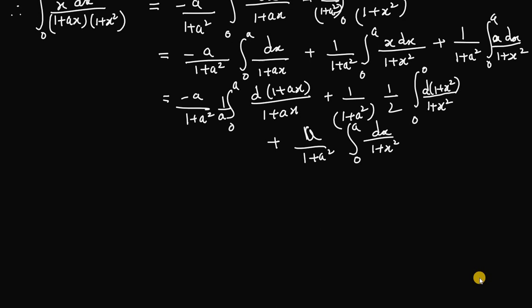Let us simplify it. So this is equal to minus a by a, and a can be cancelled. This a will not be there, so it will be just minus 1 by 1 plus a square, integral 0 to a.